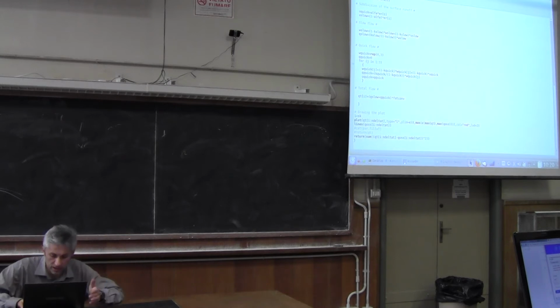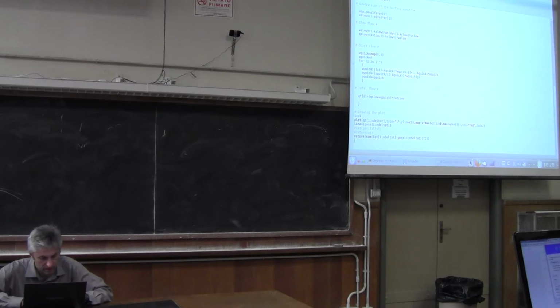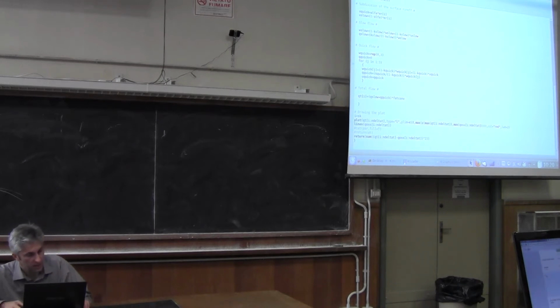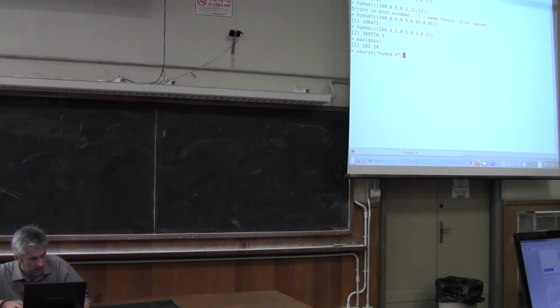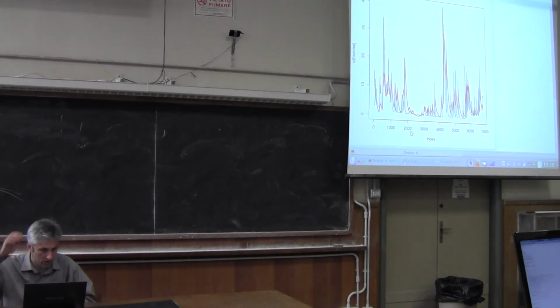So basically here I have to add, again, be careful of what you write, I and delta t. Be careful of what you write, okay? Now it should work. Let me go back in R. I source it, and then I try again 0.01 as parameter, and now it works, you see?